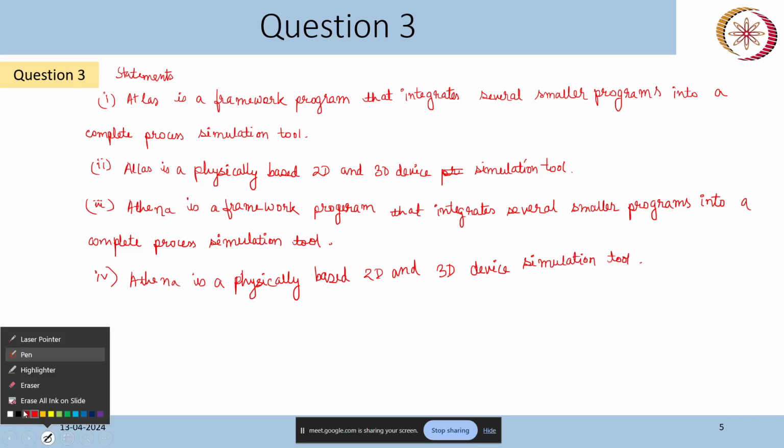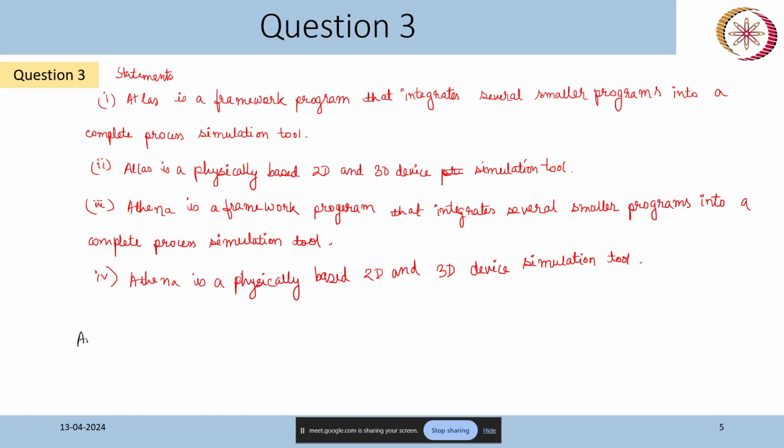Okay, so what is the answer? I hope you were all able to give the answer for this question. So what are the statements which are correct? The correct statements are, Atlas is a device simulation tool.